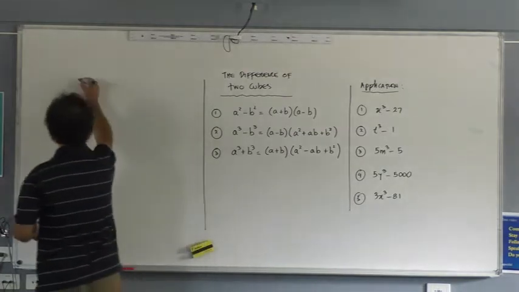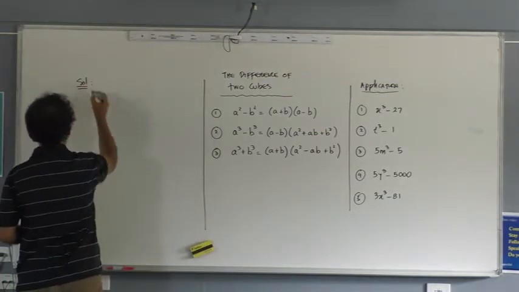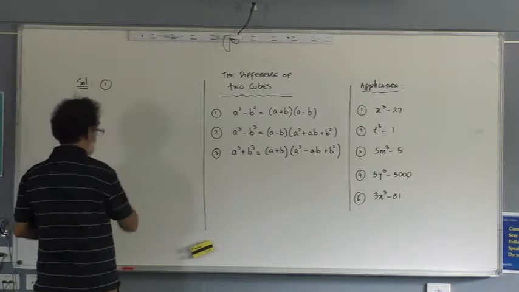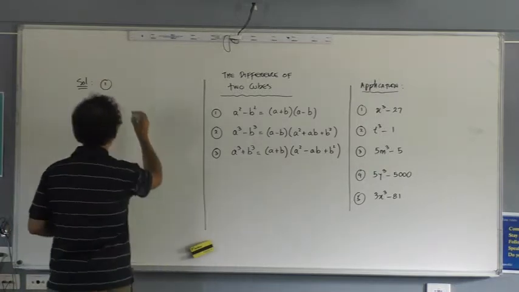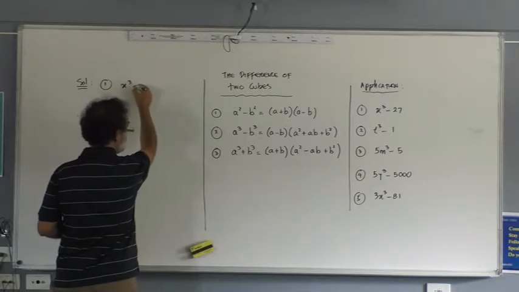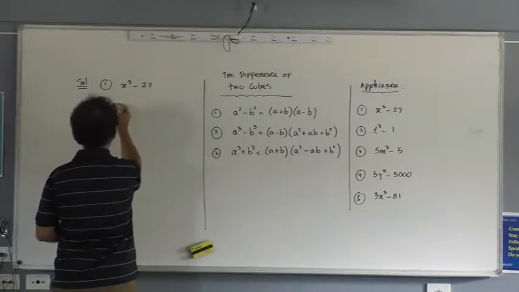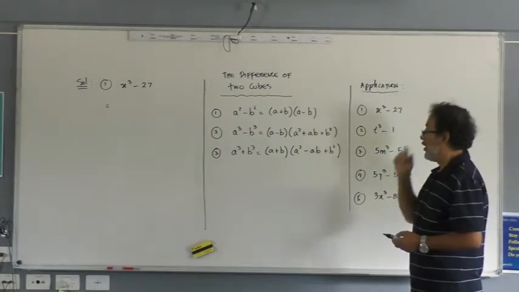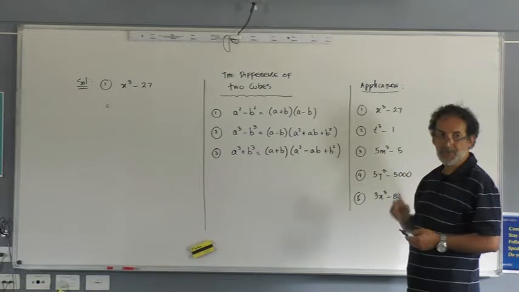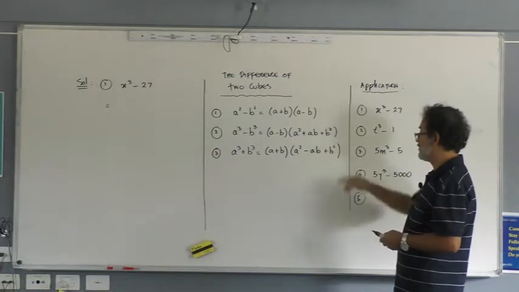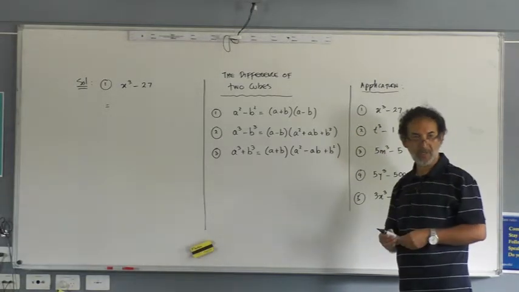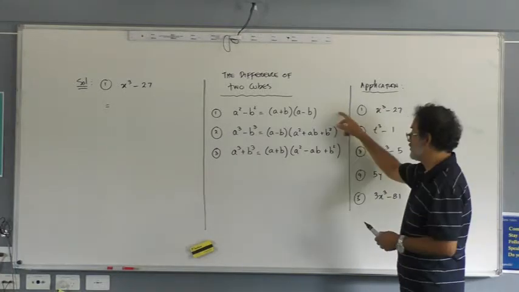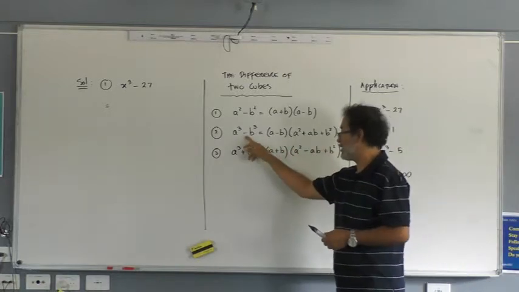All right, solution for question 1. We have x cubed minus 27. We have 3 formulas to choose from. Which one of these do you reckon is the correct one? Number 2, the middle one, because we are doing takeaway.